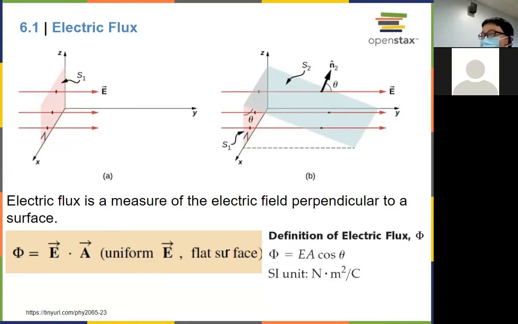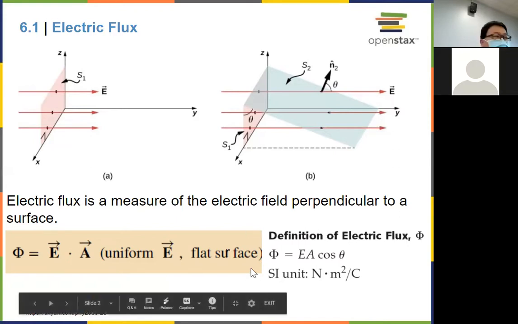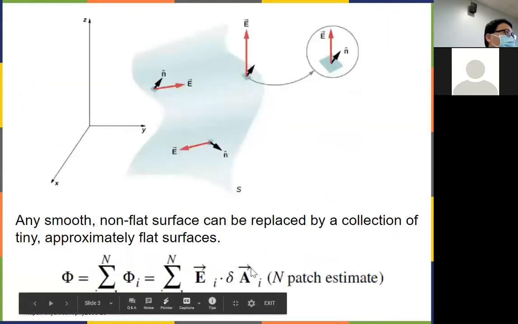The magnitude of the A vector is the area of the surface, and the direction is the normal direction of it. So it's E times area times cosine of theta, where theta is the angle between the normal direction of the surface and the electric field. That's the definition for electric flux.